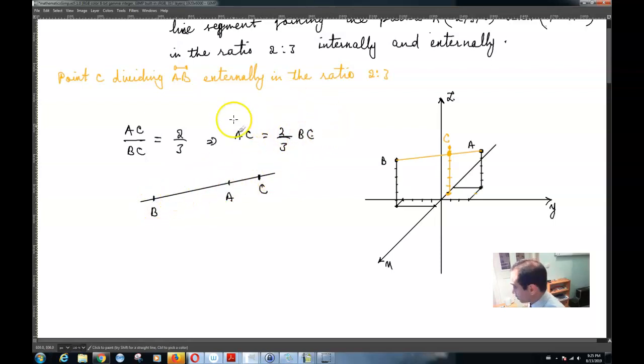BC. Now, before I solve this problem, I will go over here and take a look at the solution. The solution for this exact point is (-8, 17, 3).